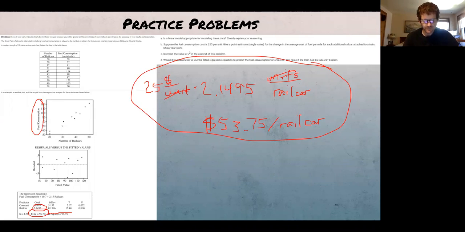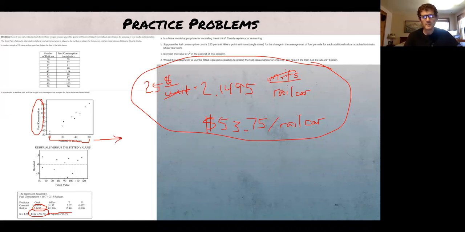Okay. And the very last one: would it be reasonable to use the fitted regression equation to predict fuel consumption for a train on this route if the train had 65 rail cars? And explain. This question is asking us to consider extrapolation. We're going from 20 to 50 with our data, and they're asking about 65, so that would be extending our model. Now, would it be reasonable?